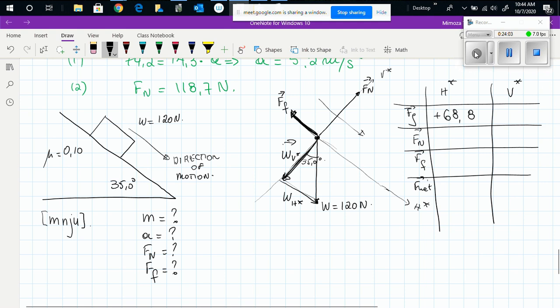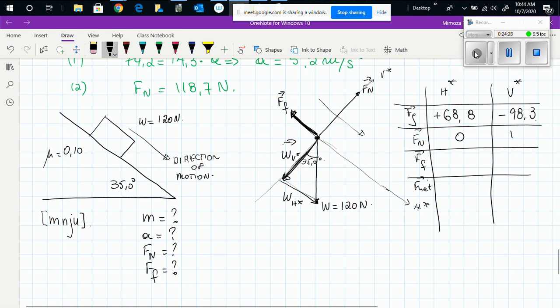The vertical component is this vector here, and will be found by using cosine, since it is the adjacent of the angle, and it is negative because it's in the opposite direction of the new positive vertical axis, so negative 98.3. Force normal in the horizontal is equal to 0.